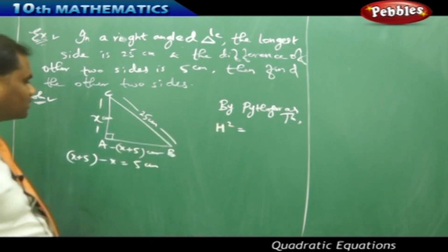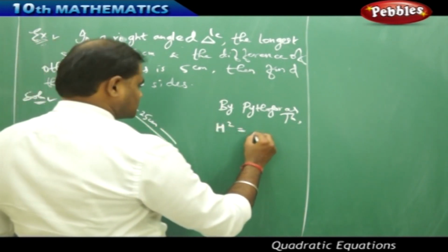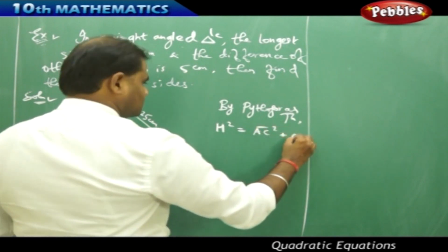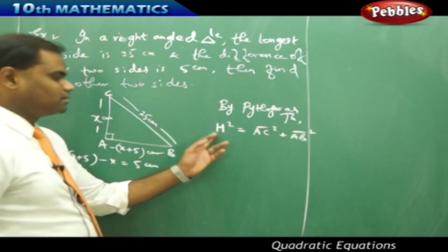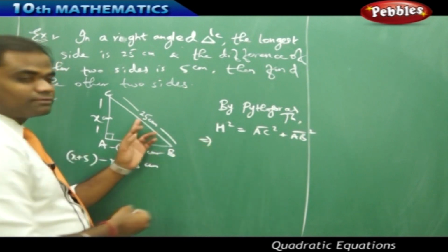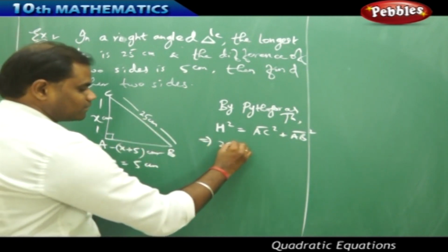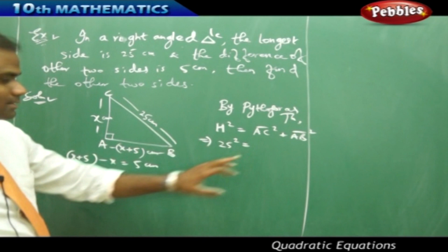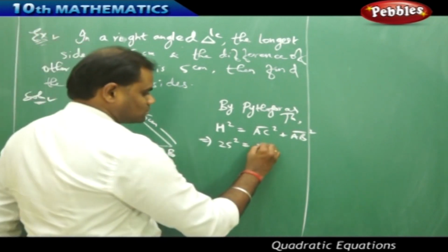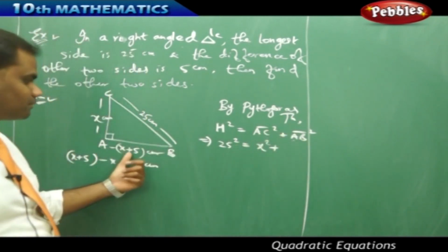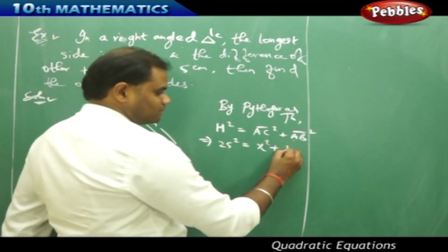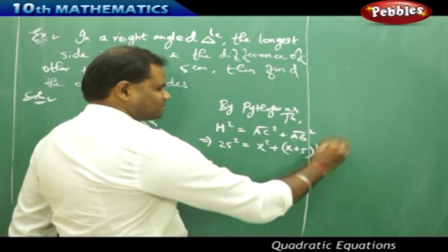Therefore, hypotenuse square equals AC square plus AB square. With the hypotenuse being 25, I get 25 square equals AC, which is x square, plus AB, which is x plus 5 whole square.